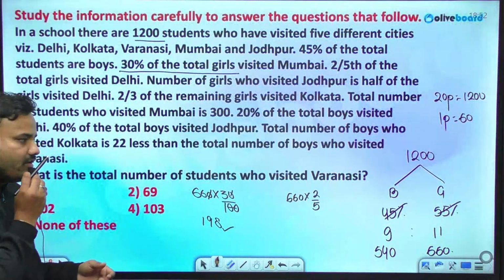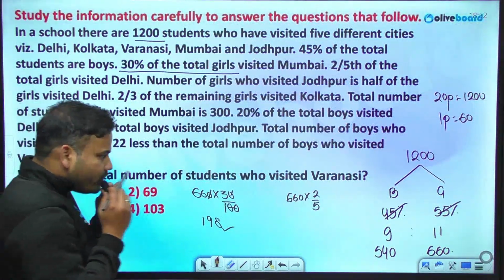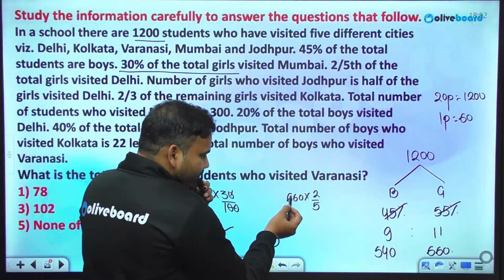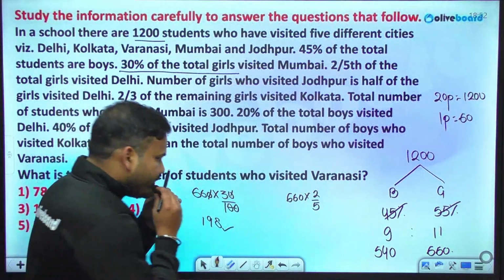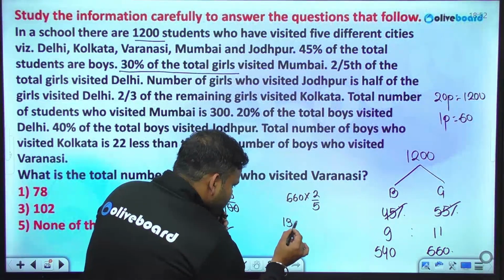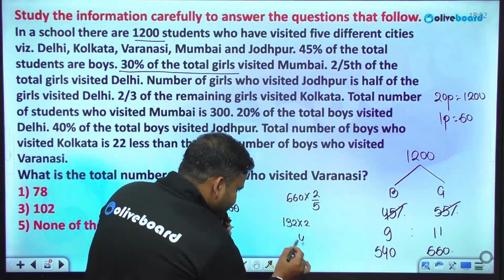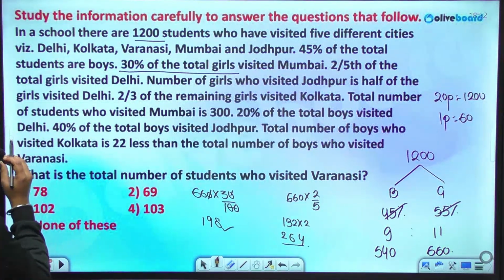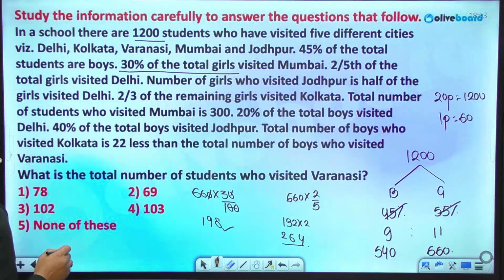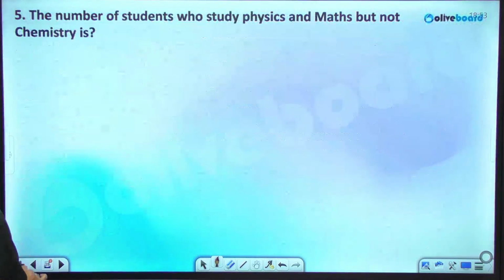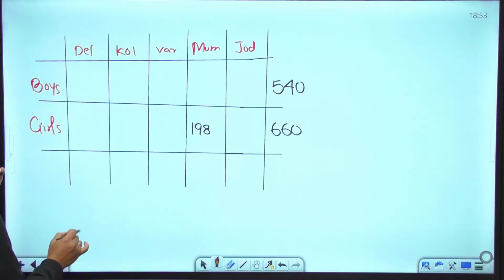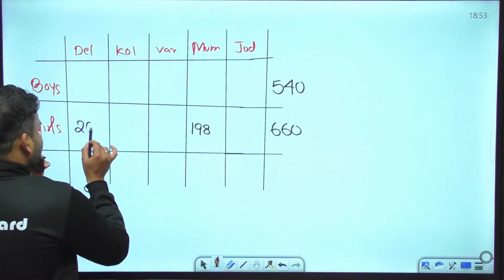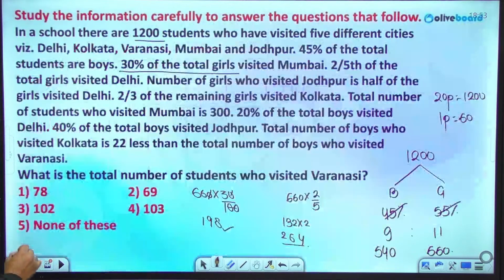If you divide any number by 5 and multiply it by 2, so it will be 132 times 2. That is basically 264. So 264 girls have visited Delhi. Clear?